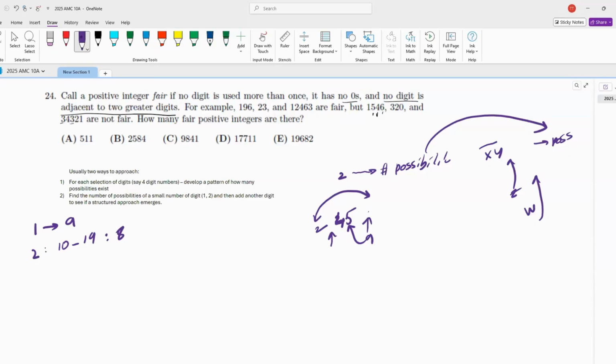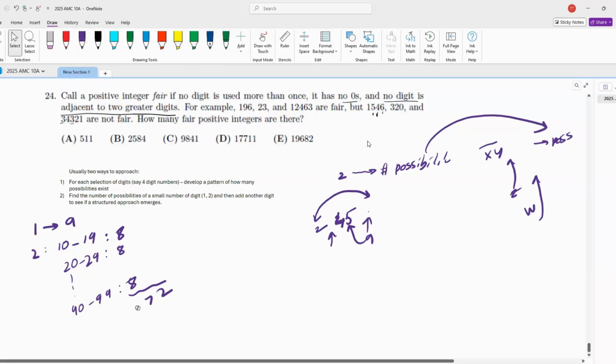If we take it further, we'll see that 20 to 29 also has 8 possibilities, all the way to 90 to 99 having 8 possibilities. So the total possibilities here is 72. Okay, so far I don't see a pattern in 9 and 72. I don't know what that pattern could be.